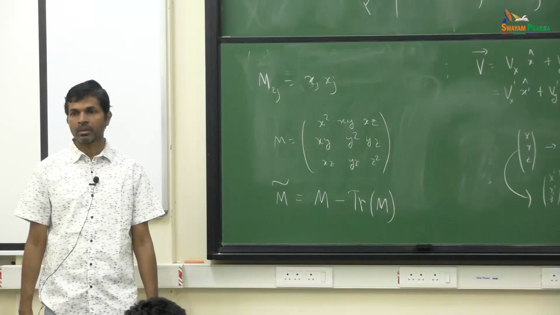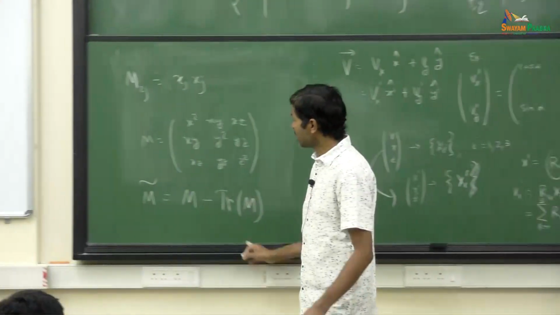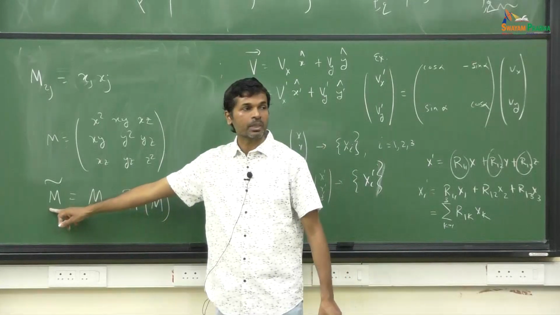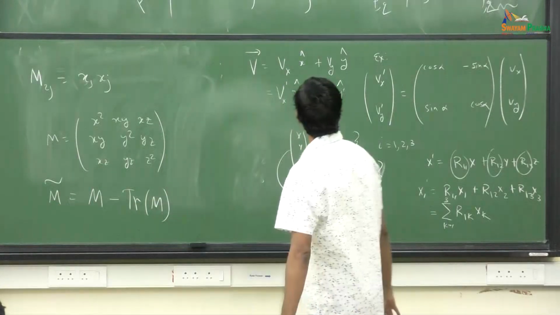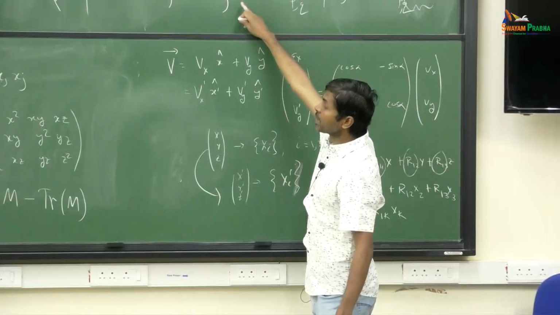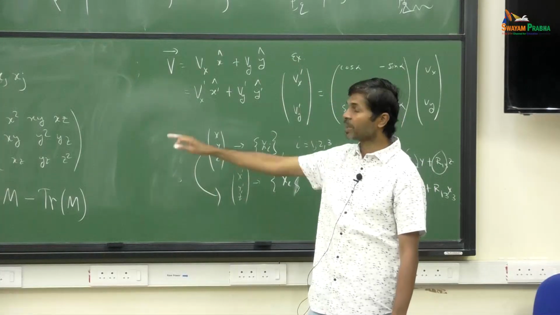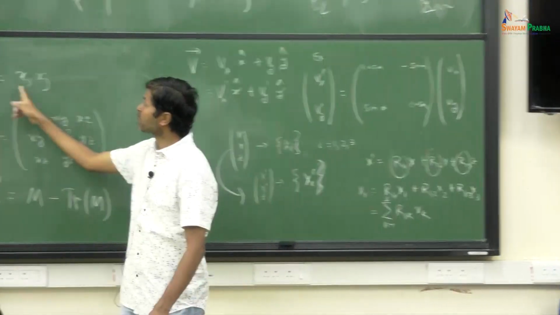Because this is invariant, the components M tilde ij will also transform exactly this way under a rotation. But M tilde cannot be expressed like this.